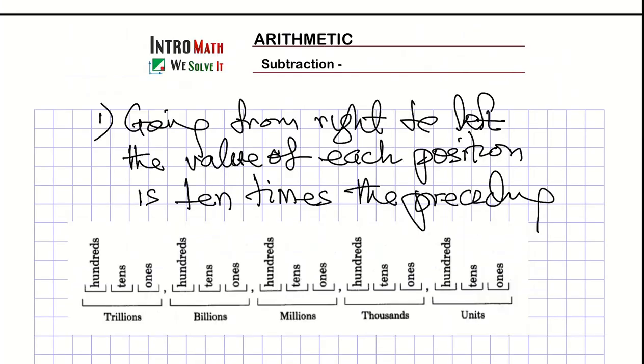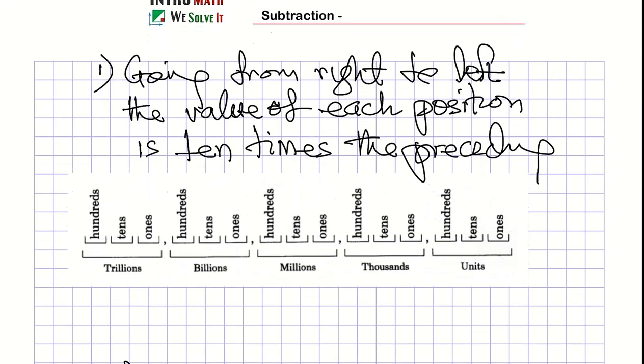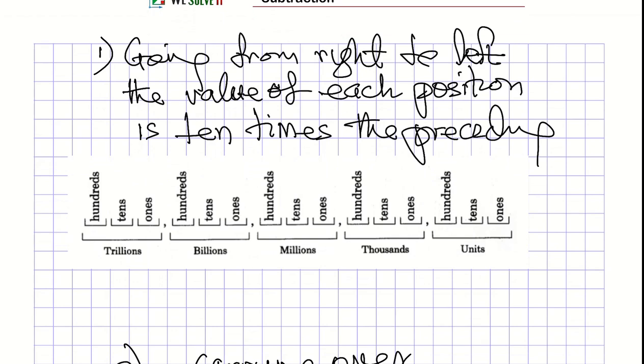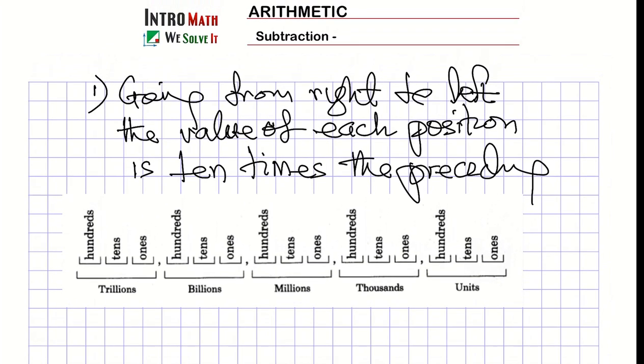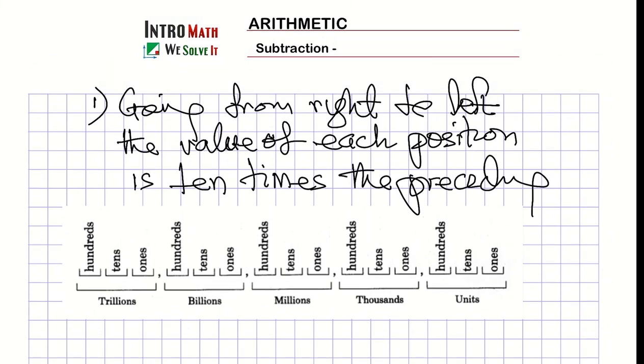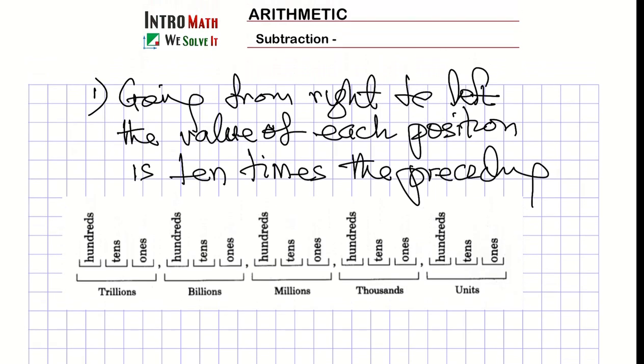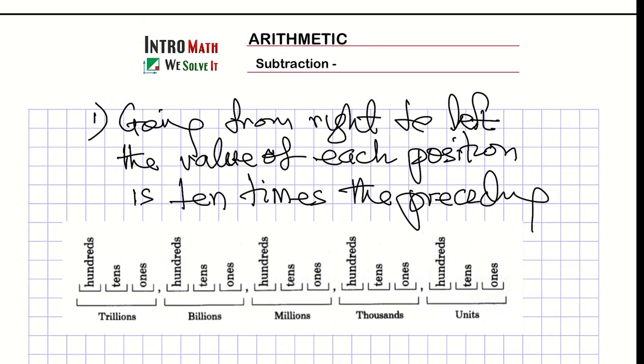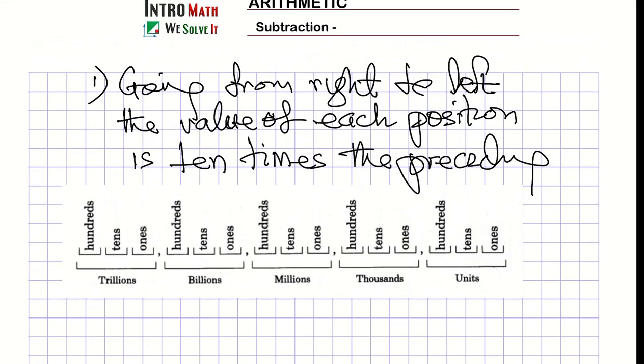All right, I'm gonna make the following 2 observations before we go over to subtraction. Now notice something. When you go from right to left in the base 10 number system, each position is 10 times bigger than the position you left from.